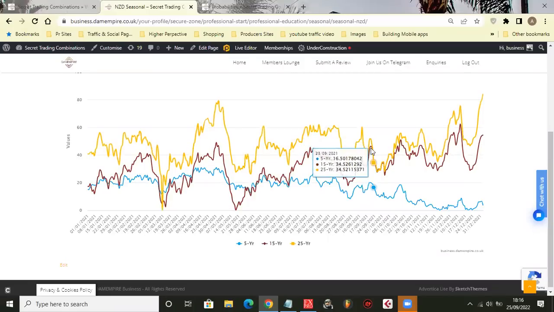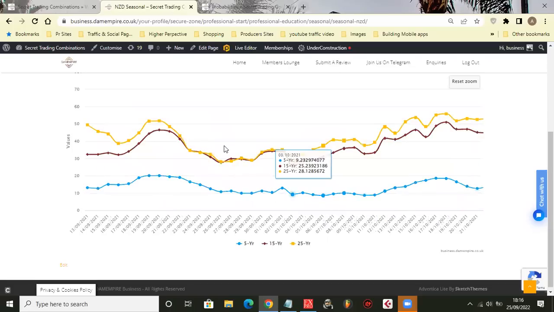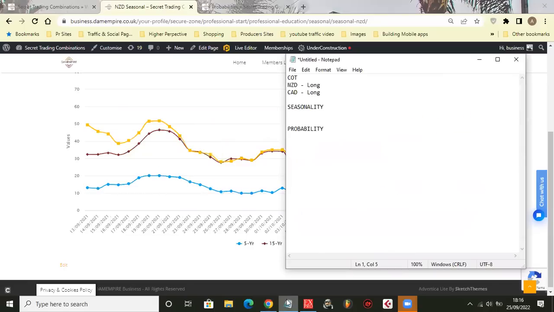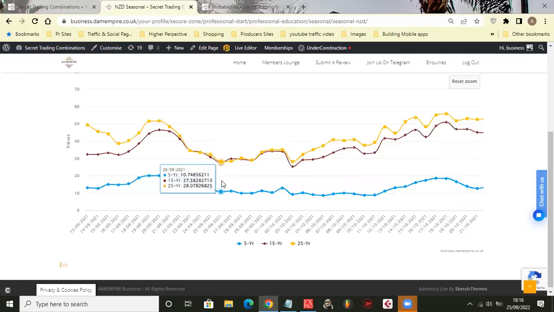So currently at this moment, we are right around here. We're here right now. So tomorrow we go here. And if we look at the NZD, it says long, right? Now, if you look at it, the 26th, right? All 3 go long on the 26th actually, to the 27th.